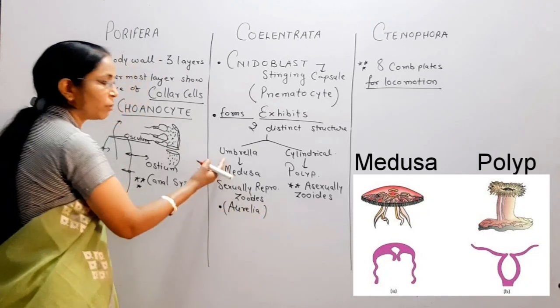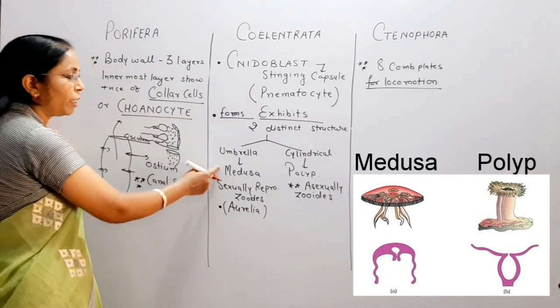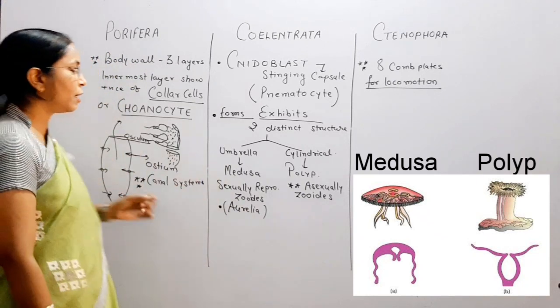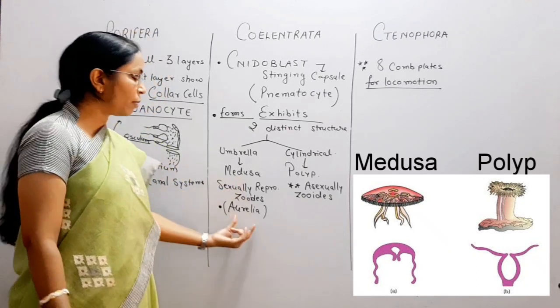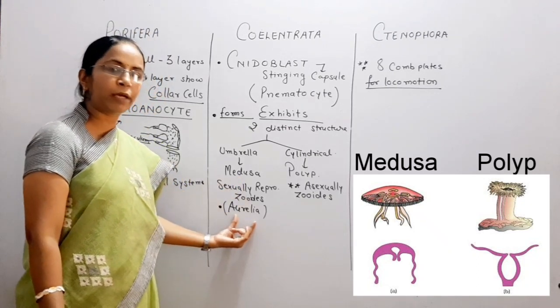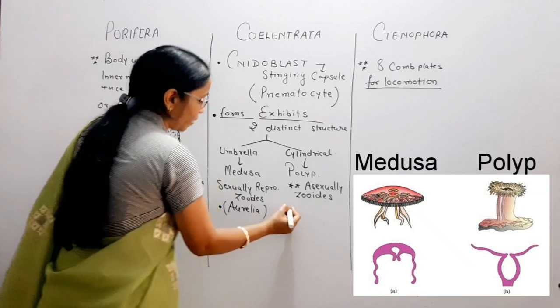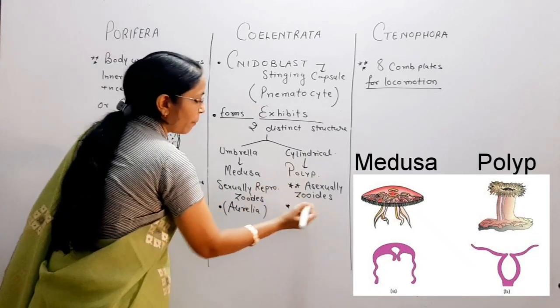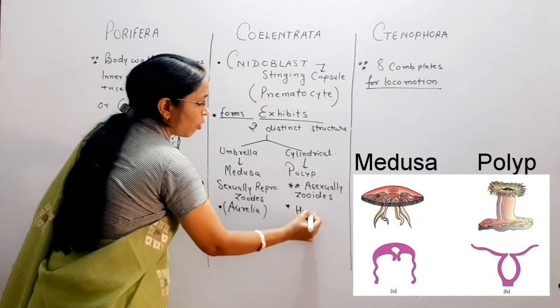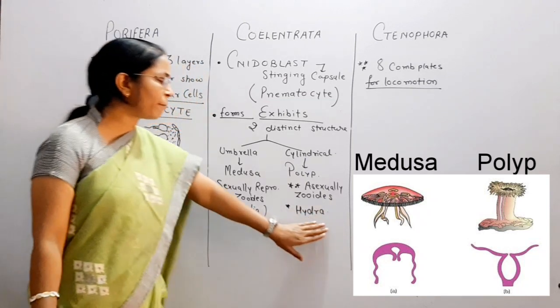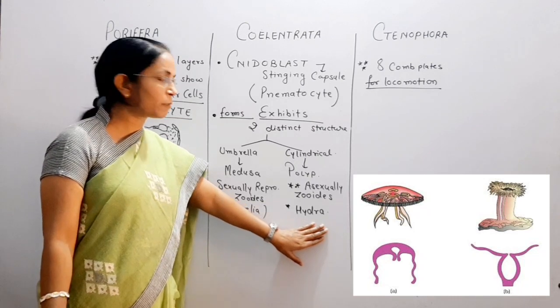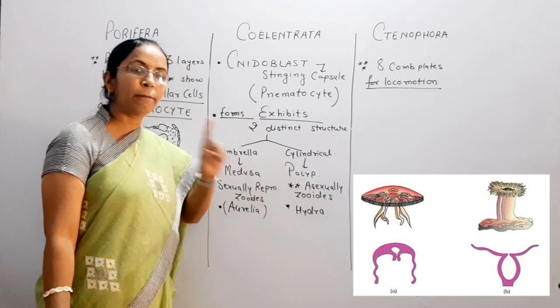Whenever you observe the umbrella shape, medusa diagrams are provided in NCERT, so you can go through the diagram. The medusa phase appears prominently in Aurelia or jellyfish, and polyps appear in the common polyp form. Among examples, Hydra you remember is present in polyp state.